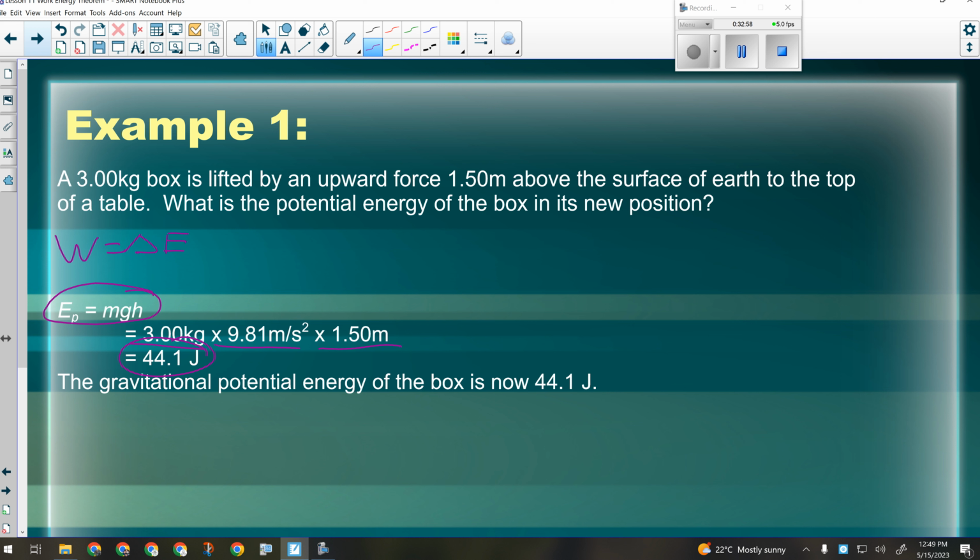The box gained 44.1 joules of energy. Where did it get it from? It got it from me. I lifted it. So if it gained 44.1 joules of energy, it's because I gave it 44.1 joules of energy by doing work, lifting it up to the top of that table. Everybody all right with that?